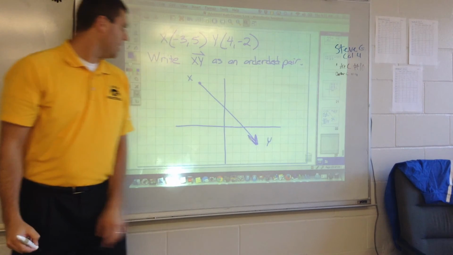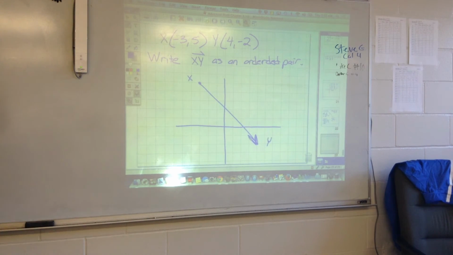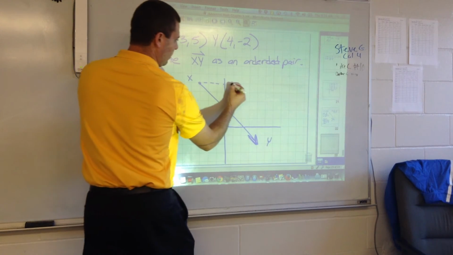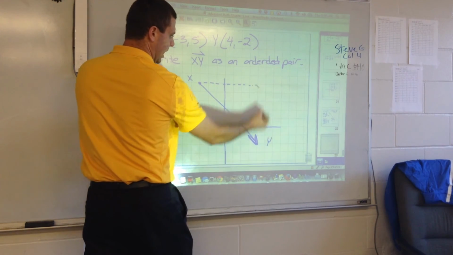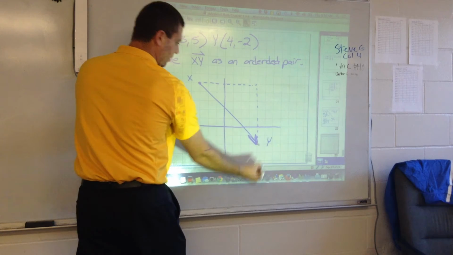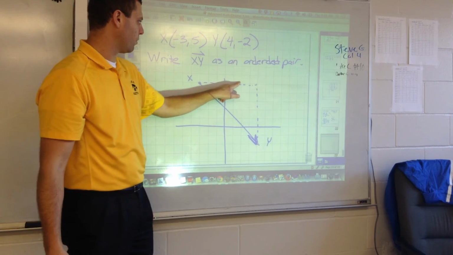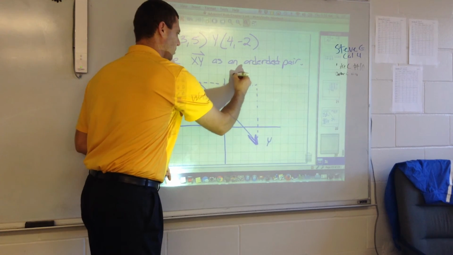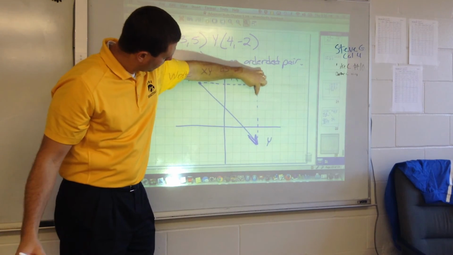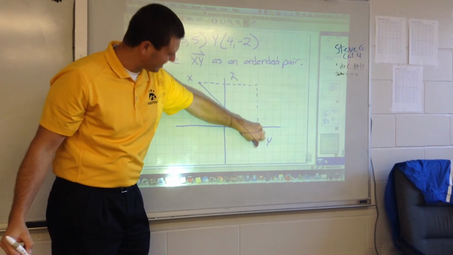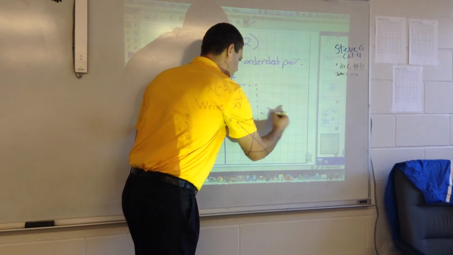If you write it as an ordered pair, you just need to think, how far did I travel in the x direction, comma, how far did I travel in the y direction? Well, I went 1, 2, 3, 4, 5, 6, 7 this way. And I went 1, 2, 3, 4, 5, 6, 7 down, so that'd be negative 7.